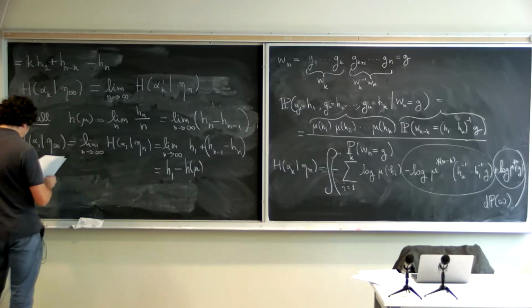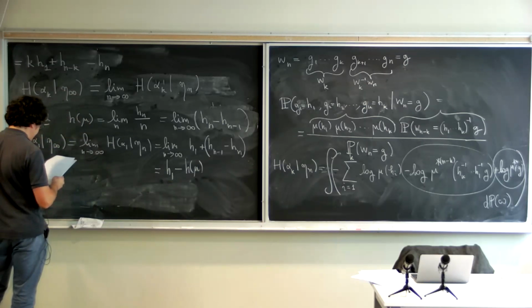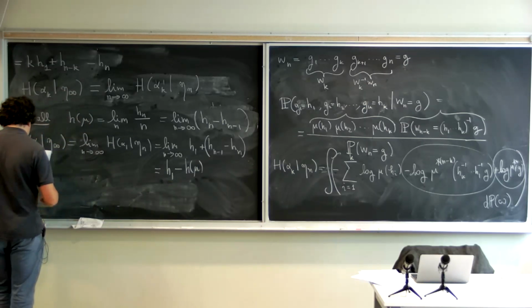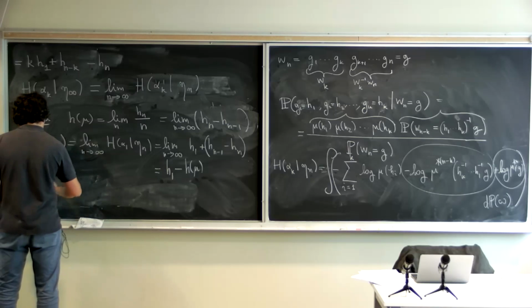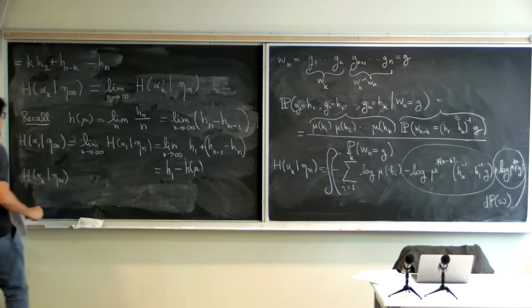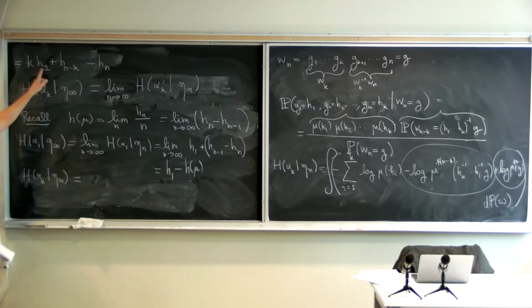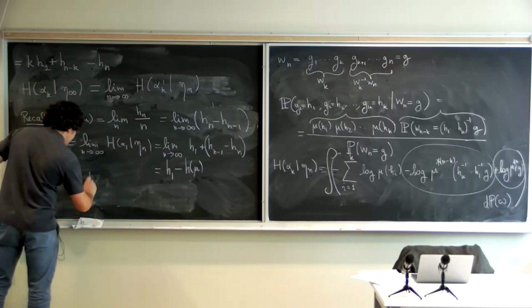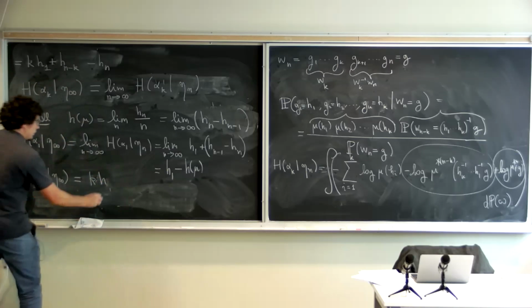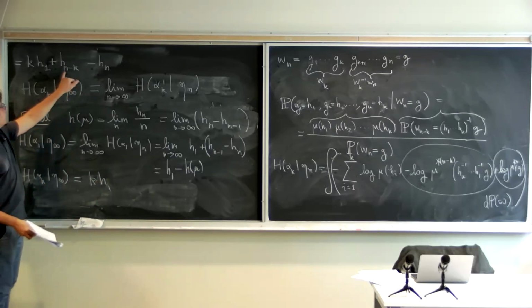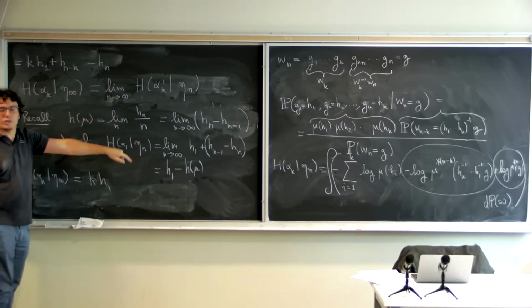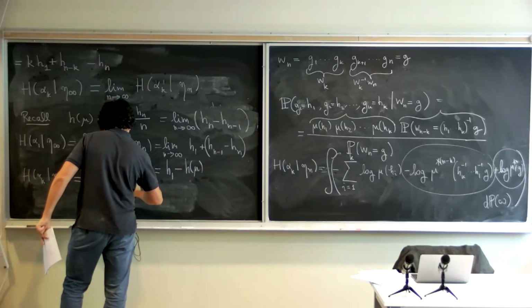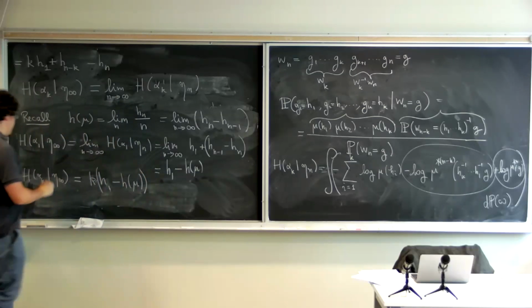If you repeat this for any k, you get H of alpha k given eta infinity. Well, you're taking the limit here, so you have k H1, and here the difference between Hn minus k and Hn, which is k times the asymptotic entropy. So this is k H mu.